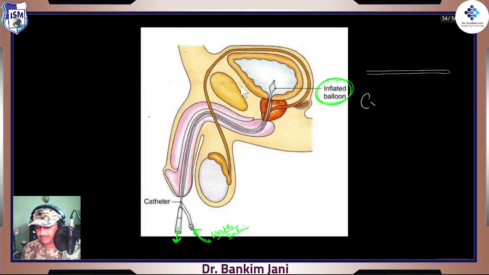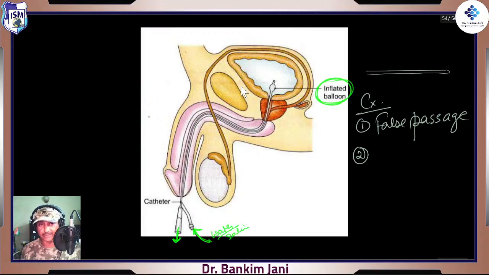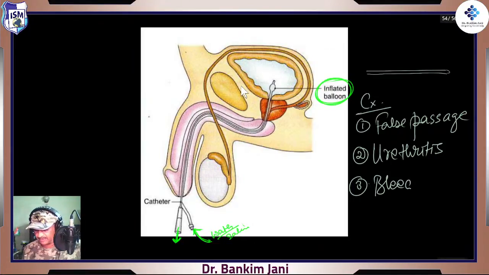The complications could be, one, false passage, because it can really damage. There can be infection or urethritis, right? But usually it can be avoidable, and in case there is any injury, it may lead to bleeding, right?